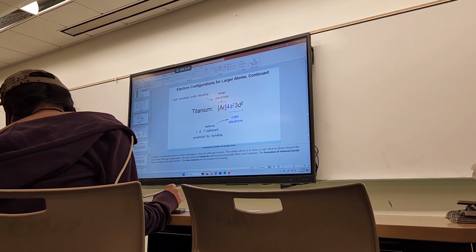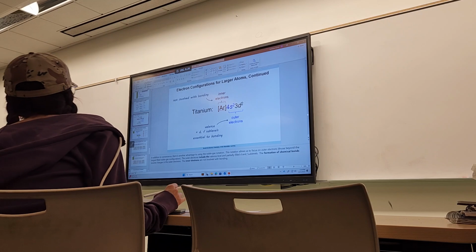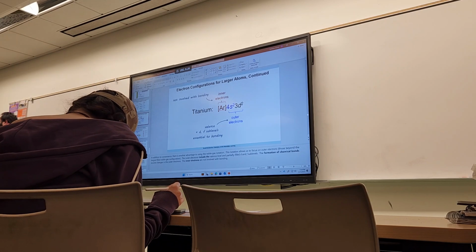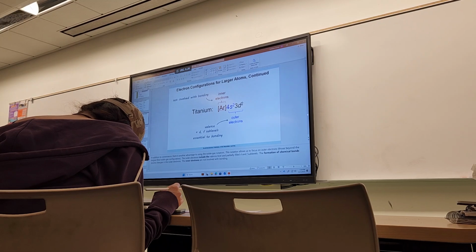For example, titanium. When I go to my periodic table over here, titanium is right here. In order to find the electron configuration, I would go up 1 and write argon. After argon, which is 18, I have to go this way and get to titanium.